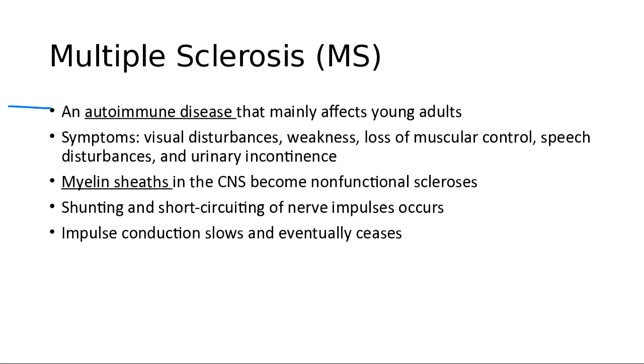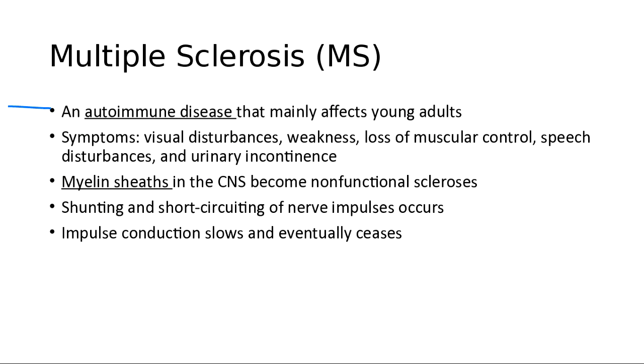It often starts as visual disturbances, muscle weakness, loss of muscle control, you get atrophy, slow reflexes, speech disturbances, urinary incontinence. Also, because it does affect the central nervous system, it is associated with some psychological issues such as depression. That may even be the first symptom that a patient has, but it is diagnosed ultimately with an MRI of the brain.